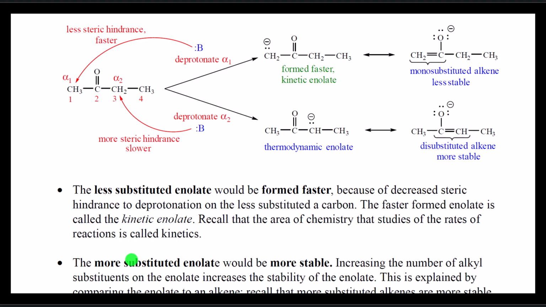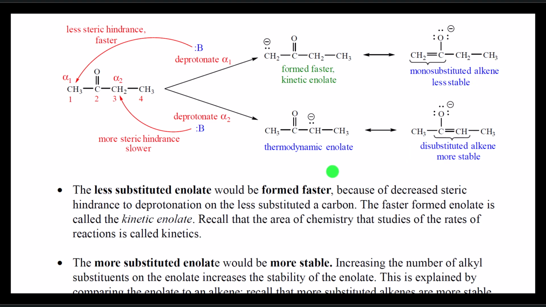In contrast, the more substituted enolate would be more stable. The reason for this can be seen if we look at the resonance structures. When alpha 1 is deprotonated and we do resonance, we get an enolate where the double bond is essentially monosubstituted. You recall that monosubstituted double bonds have a higher potential energy and are therefore less stable.